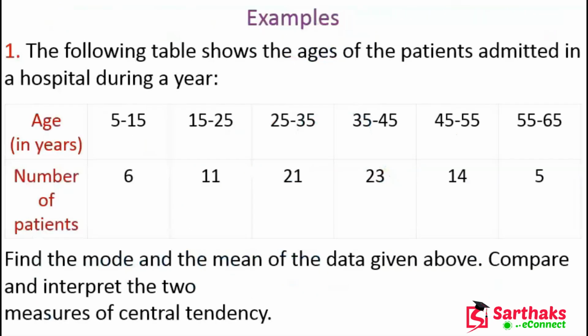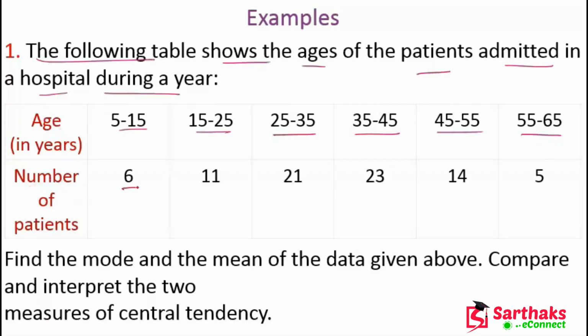Yes. So my dear friends, we have question number 1, which is: the following table shows the ages of the patients admitted in a hospital during a year. Okay, we have the ages of the patients. So the ages are 5 to 15, 15 to 25, 25 to 35, 35 to 45, 45 to 55, 55 to 65.